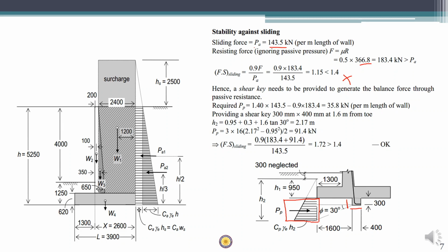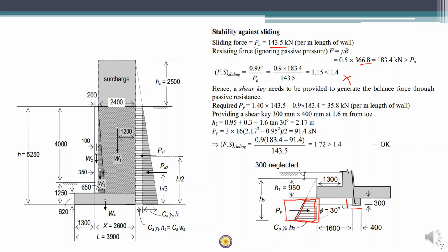So we have to find the area of the passive pressure diagram, which is actually this trapezium. Before doing that, let's find the value of H2. We already neglected an initial top height of 300 millimeter because it is topsoil.